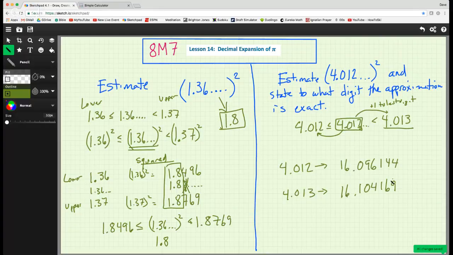Wow. Well, all I can say is that the best estimate is going to be right here.